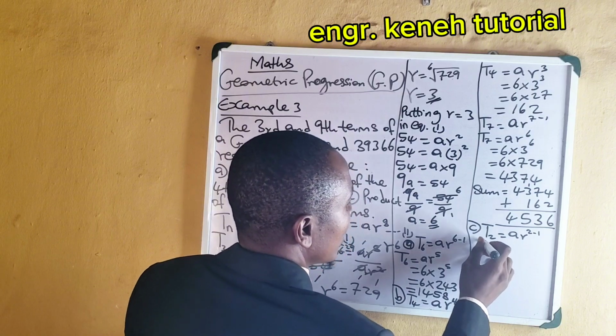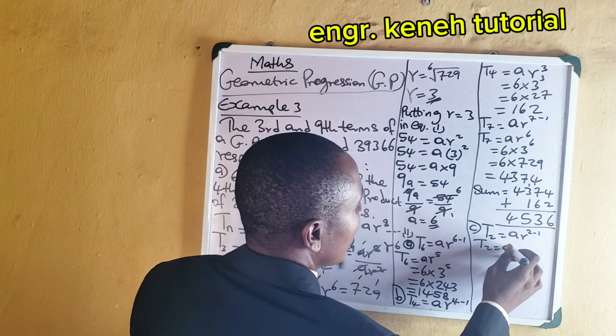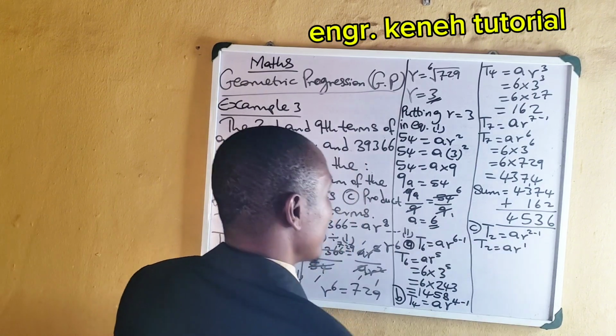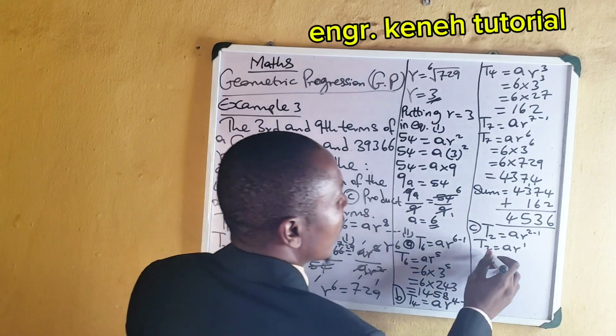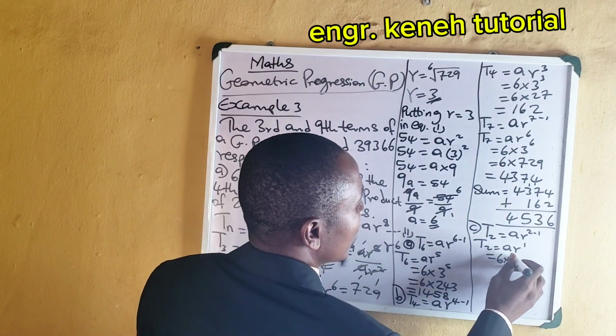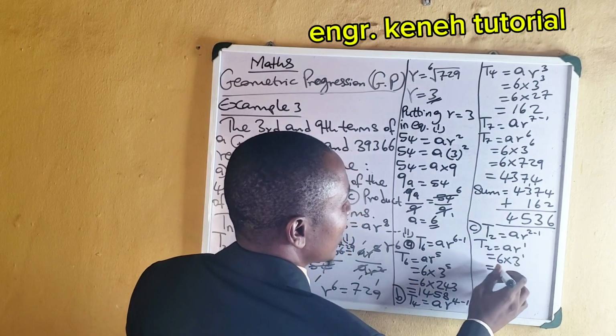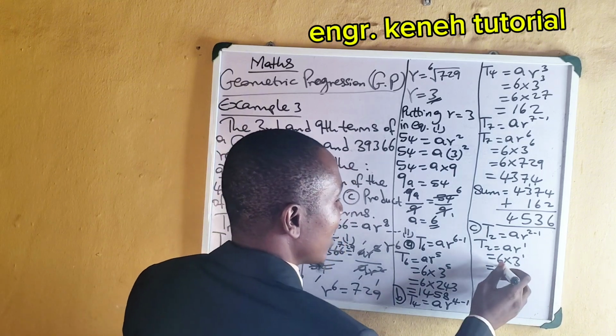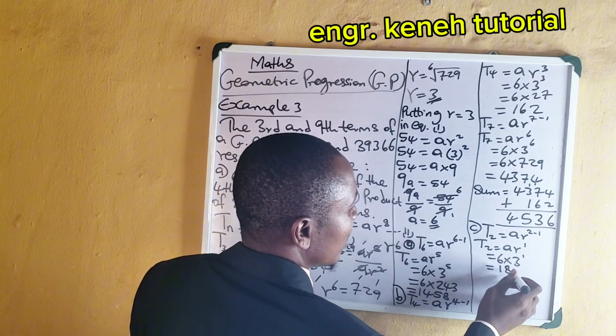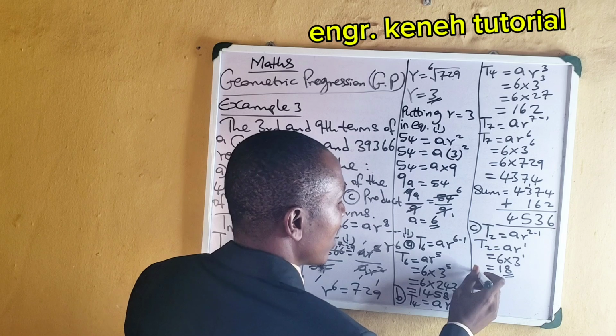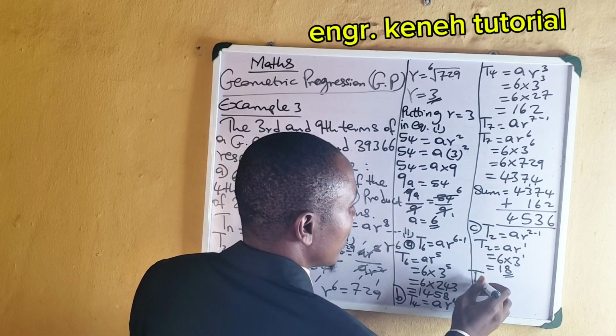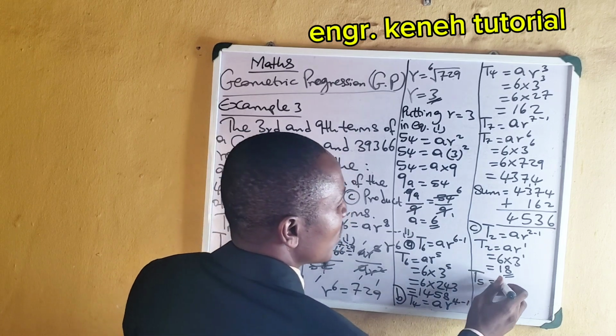When you subtract this, you have this. So A is 6, and this is 3. When you multiply this together, it gives us 18.